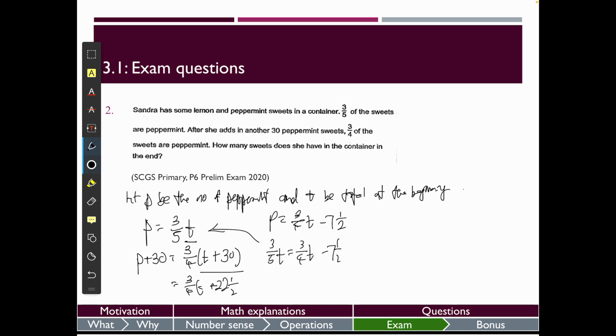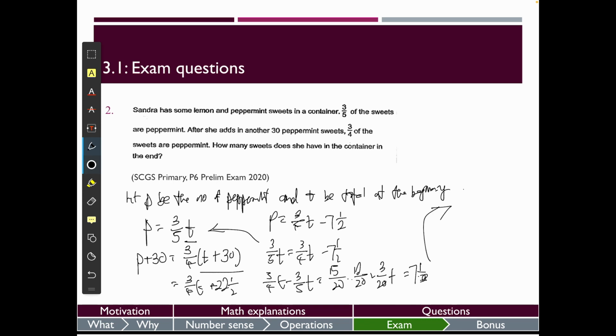Yep. So 3/4T minus 3/5T is equal to 3/20T, which is 7.5.